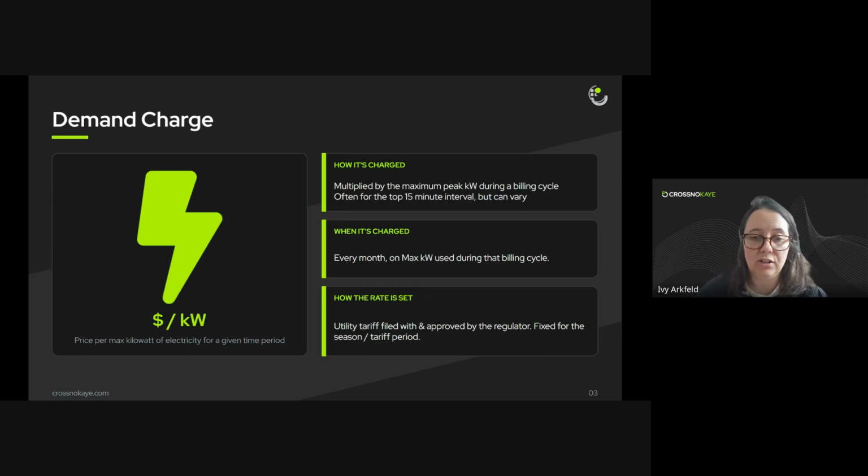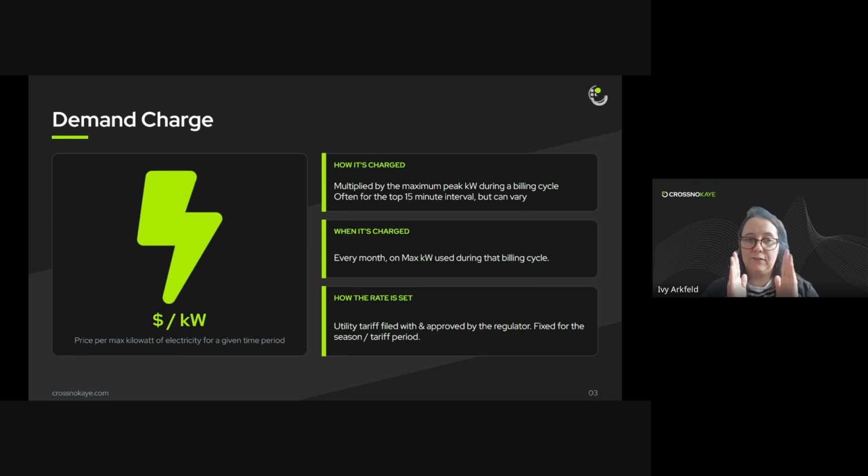Your demand charge, very similar in terms of how it's set and how it's charged, except instead of looking at your energy accrued over the time period that we're looking at, this is actually your maximum peak kilowatt during that billing cycle. Often that's going to be your top 15-minute interval during that full time period. So if we're looking at a month, it's going to be the 15 minutes where you use the most power on average during that time.